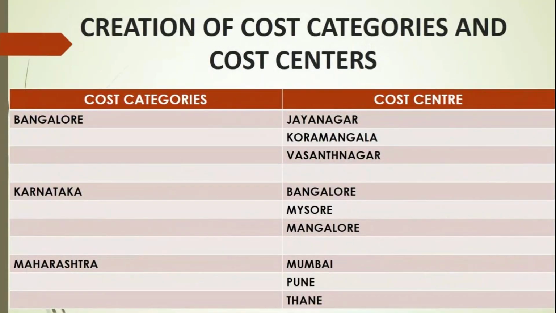Yes. So this is the table which I wanted to convey to you, the exact meaning of cost categories and cost centers. Here I've given the creation of cost categories and cost centers. Now I have taken three cost categories: Bangalore, Karnataka, Maharashtra. Assuming I have three branches in each. In Bangalore, I have outlets in Jayanagar, Koramangala, and Vasanthnagar.